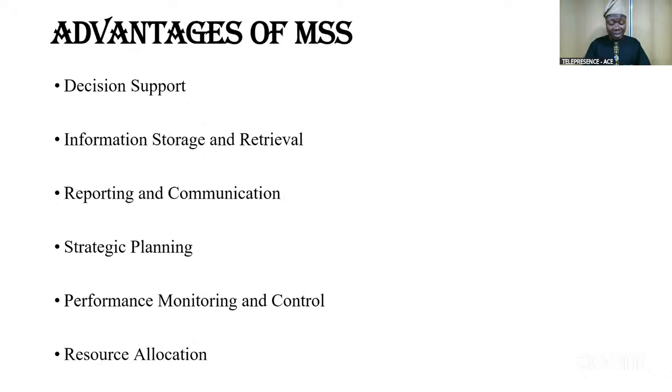So management information system, management support system helps the manager to monitor the performance of a particular product, to control and monitor performance. It allows them to look at, for example, the data after producing a particular product in a particular year, looking at the statistics in the Excel table.